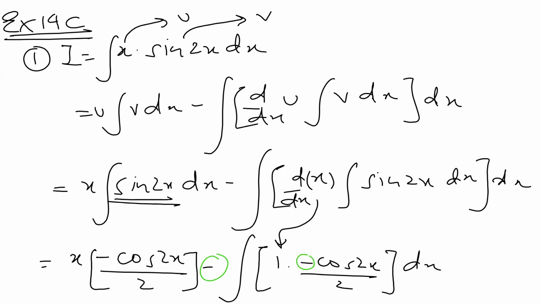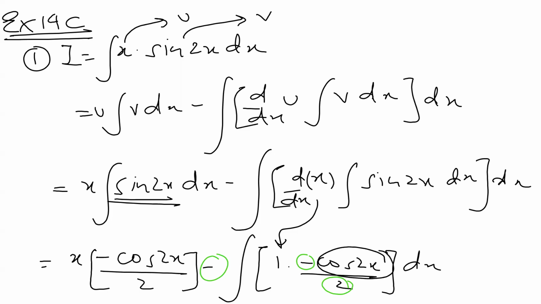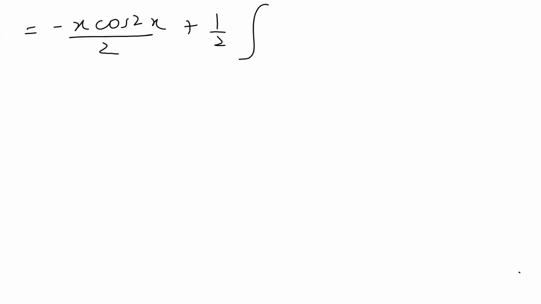Minus into minus will be plus because there is multiplication after 1. And this 2 will go out. So minus x cos 2x upon 2 plus half outside, integration cos 2x dx.